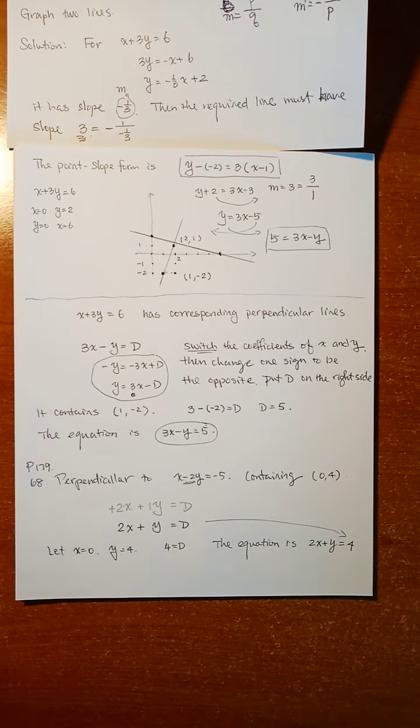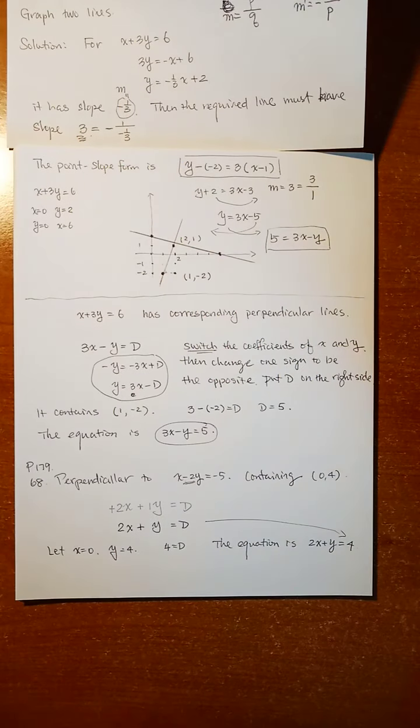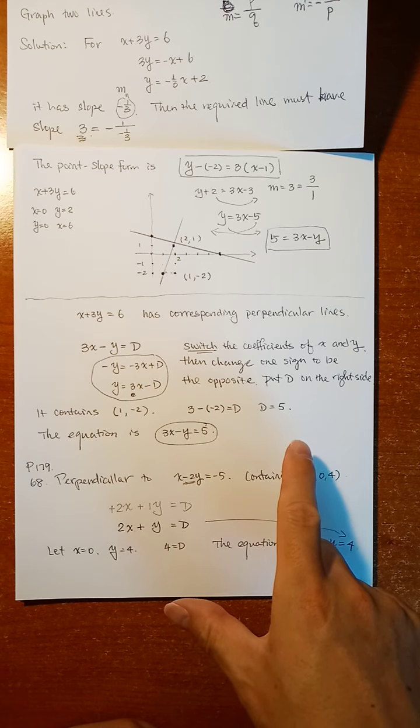All right, so this is the long section 2.3, lines. In this section, we have 10 parts. It's a very long and complex section. It contains a lot of formulas, especially for the perpendicular and the parallel lines.